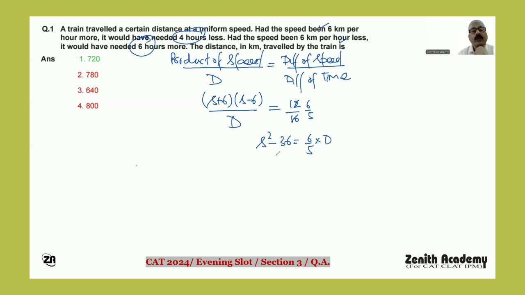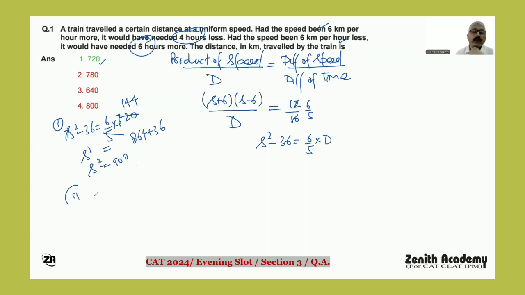If I take the first option, 720, then s square minus 36 is equal to 6 by 5 of 720. 720 divided by 5 gives 144, and 144 into 6 is 864. So s square is 864 plus 36, it is 900.